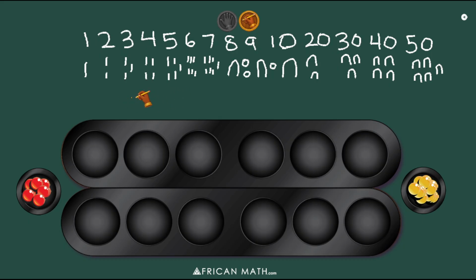I'm going to translate when I get to 8 and 9, how South Africans have this very sophisticated way in which to count that's beneficial to the way that learners would use the African abacus in antiquity.